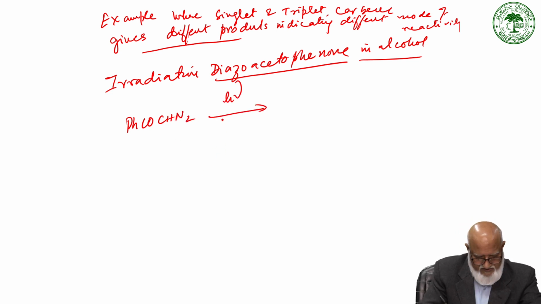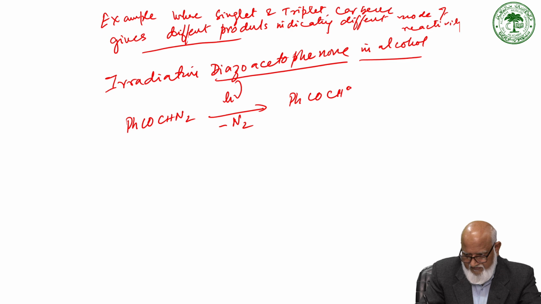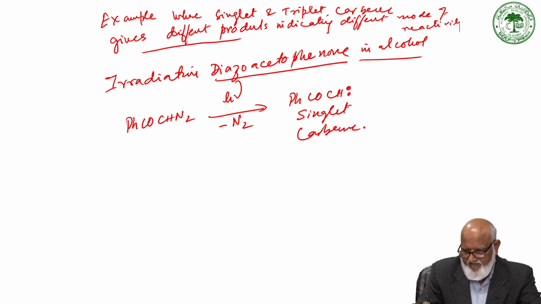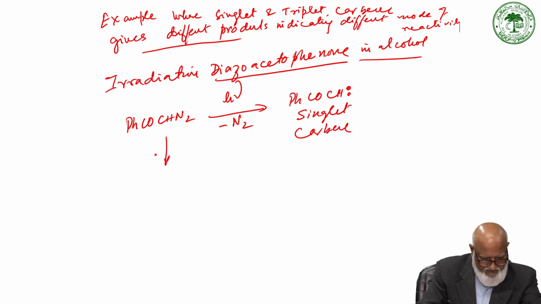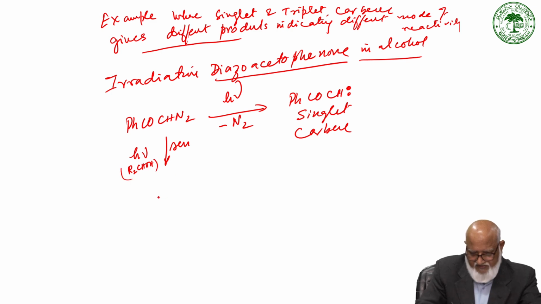On photolysis, it loses nitrogen and generates PhCOCH singlet carbene, whereas in the presence of sensitized photolysis, with isopropanol R2CHOH as the sensitizer, it generates PhCOCH triplet carbene.